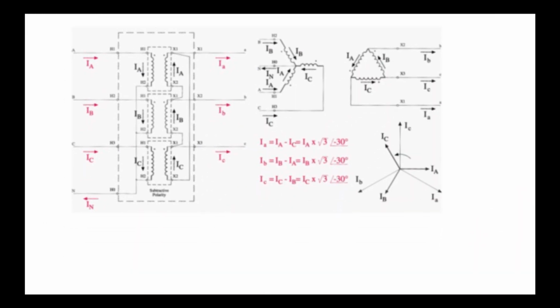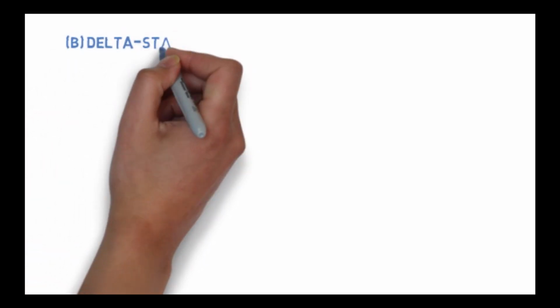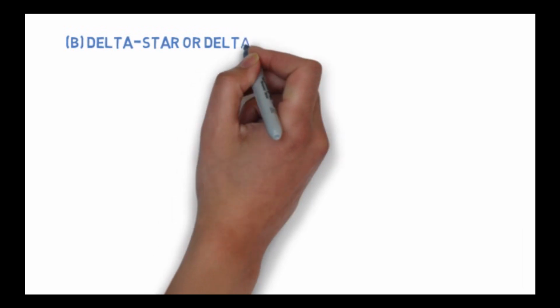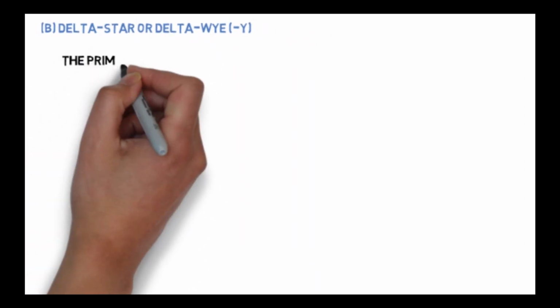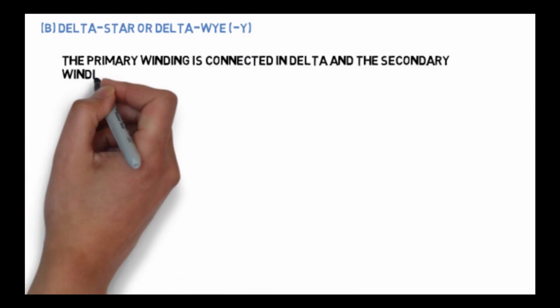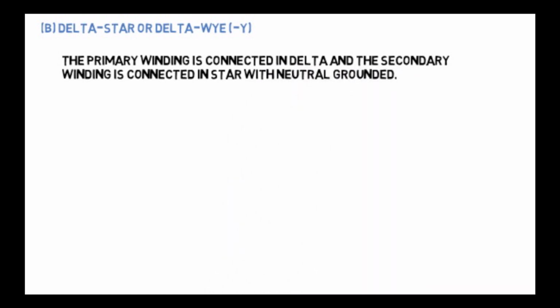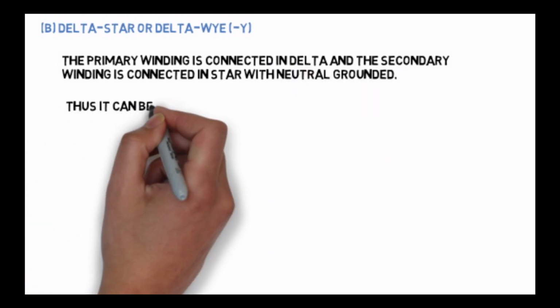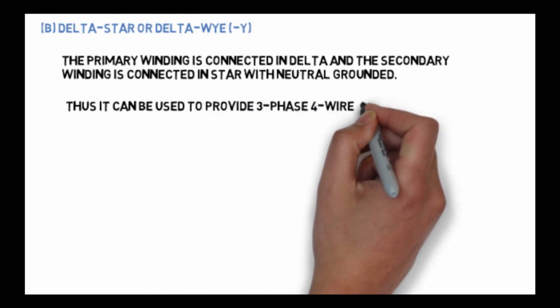Now let us look upon the second type connection, that is delta to star type connection or delta to Y type connection. The primary winding is connected in delta and the secondary winding is connected in star with neutral grounded. Thus, it can be used to provide 3-phase 4-wire services.